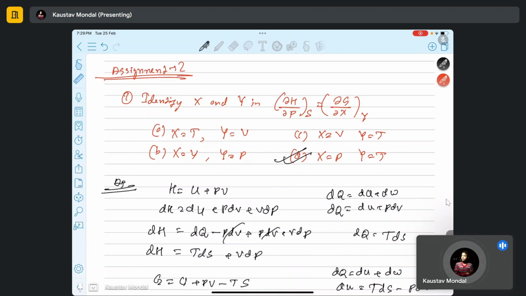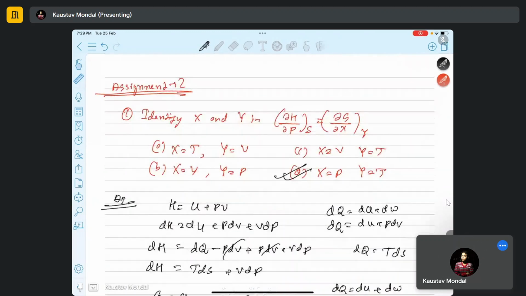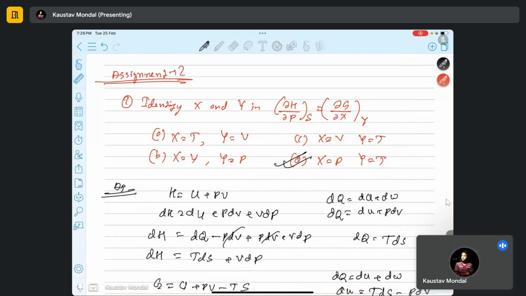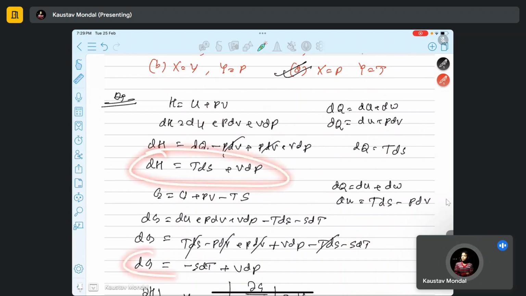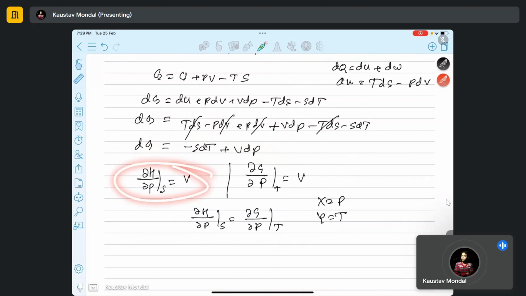Okay, so I hope all of you understood. This type of problem I have done previously also. Basically, you have to find out this x and y. In order to do this, you have to know these two forms, the Gibbs free energy and the Helmholtz free energy, and from there take the partial derivatives.